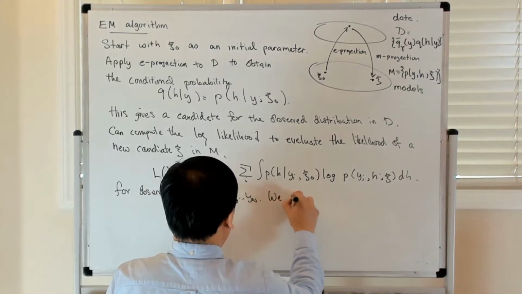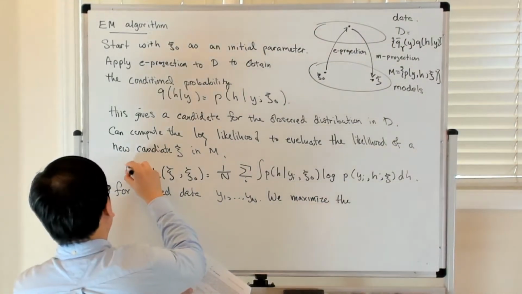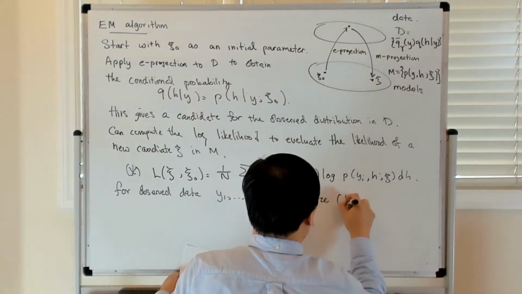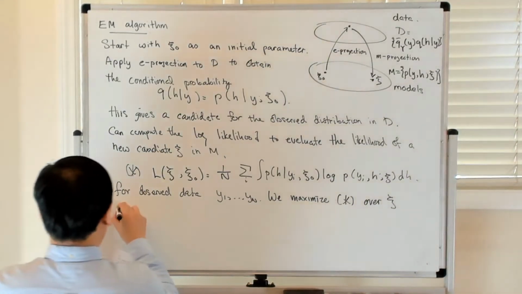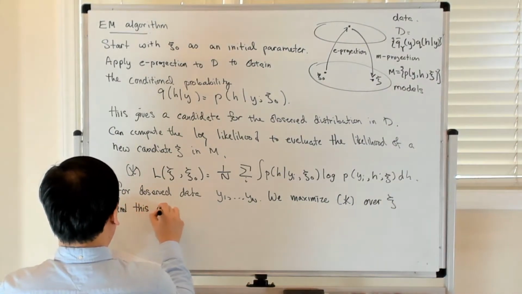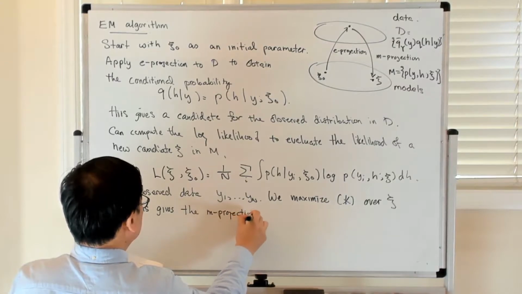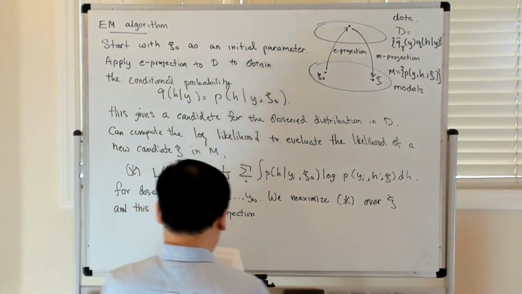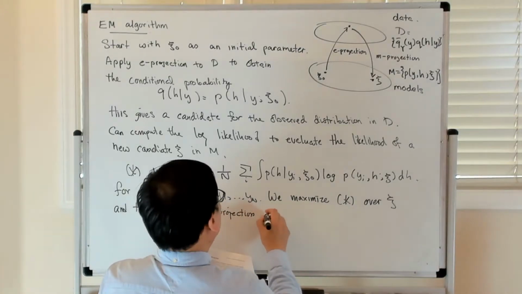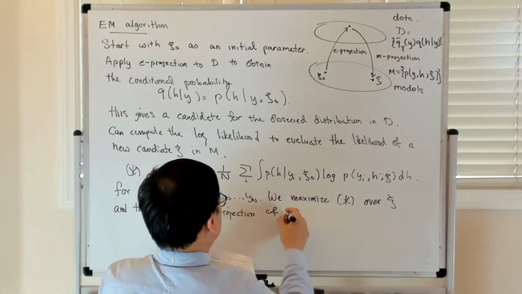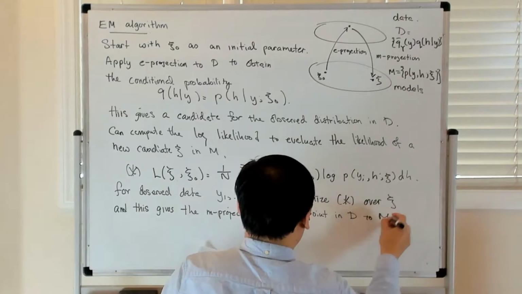So we maximize this over C, and this gives the M projection of the point in D to M. Okay.